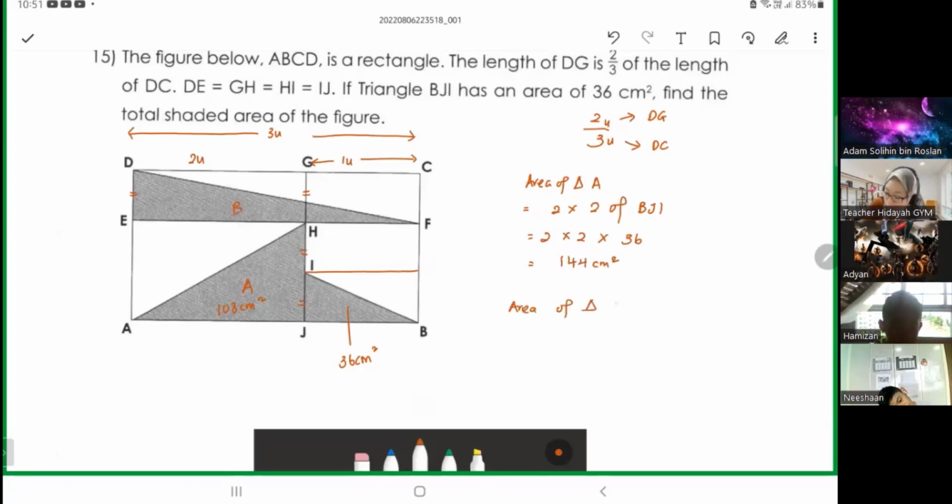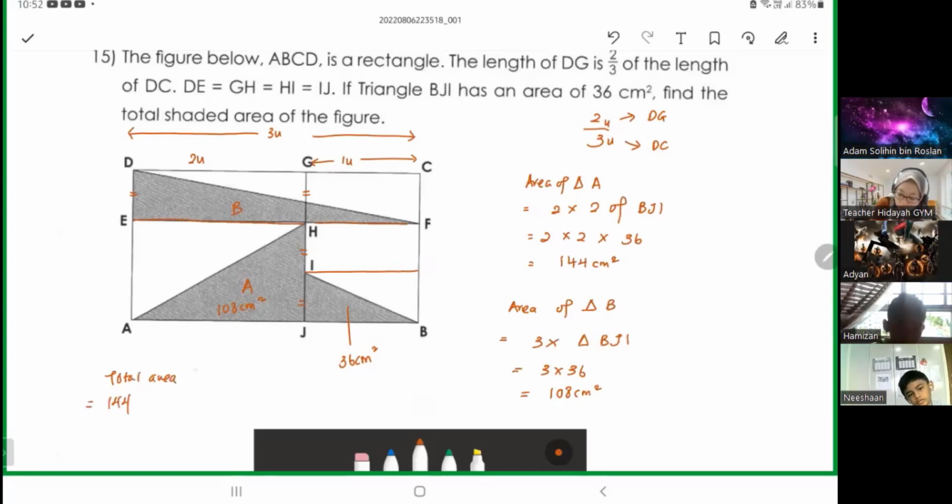Let's call this B. That will be 3 times, because it covers 2 units and 1 unit, 3 units of your triangle BJI. So 3 times 36 equals 108 cm squared. So my total shaded area is 144 plus 108 plus 36 equals 288 cm squared. That's your answer. Okay.